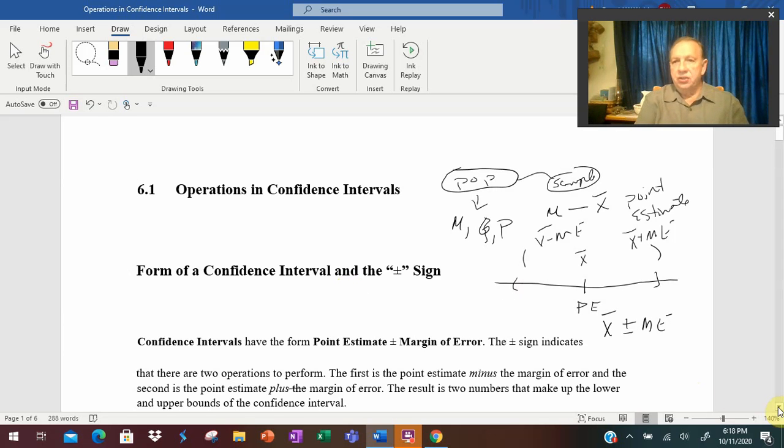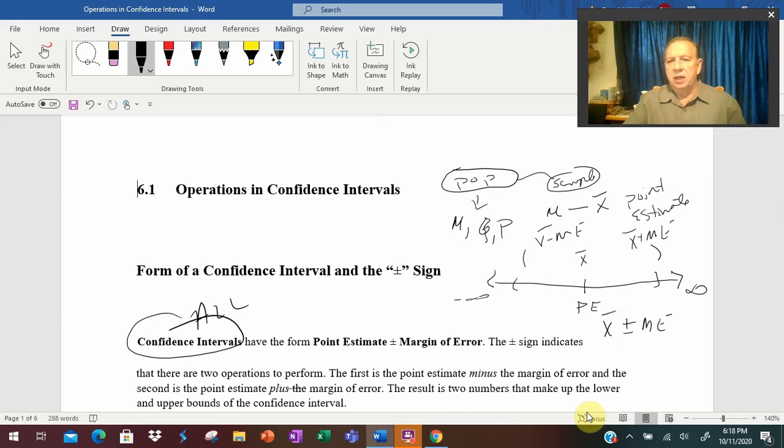So all confidence intervals have the point estimate plus or minus the margin of error. That's the way they always start. So we're going to build a margin of error. We can just draw a generic picture on the number line. Here's plus infinity, out here is minus infinity, just like the old number lines you're familiar with from grade school.